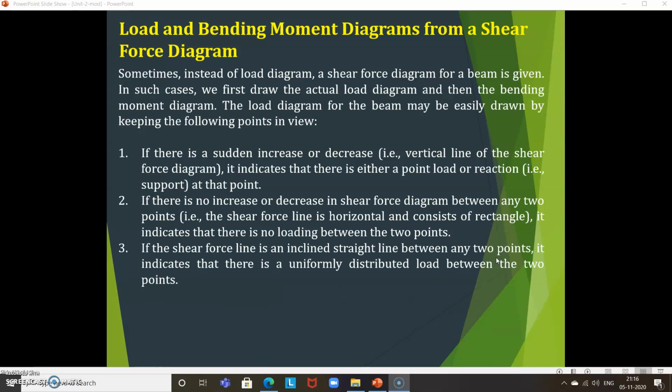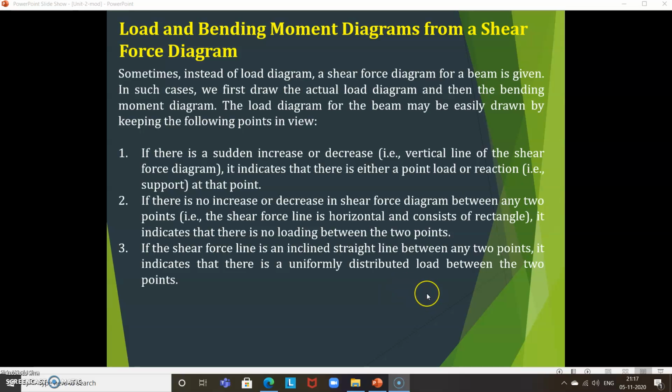The next point: if the shear force line is an inclined straight line between any two points, it indicates that there is a uniformly distributed load between the two points. If there is a straight inclined line, you obviously know there is a uniform load.